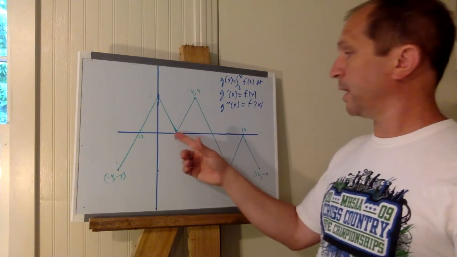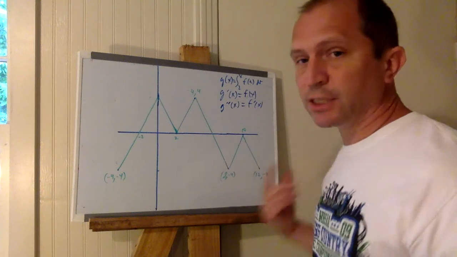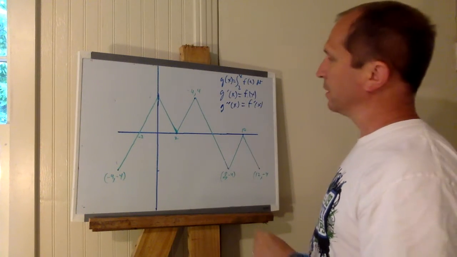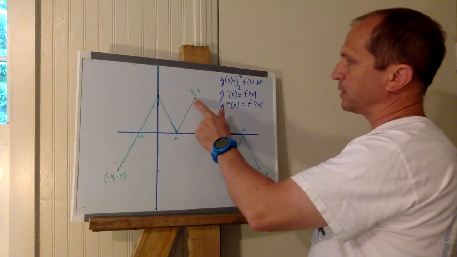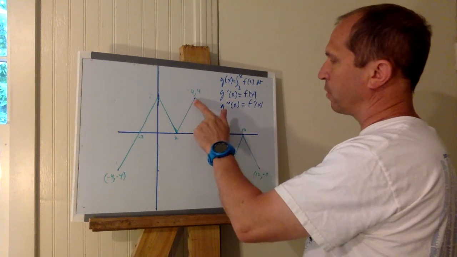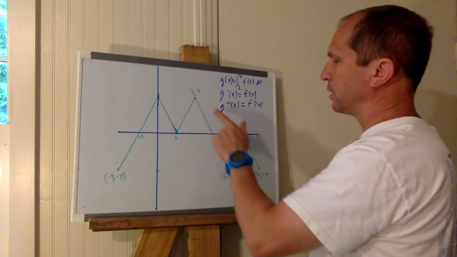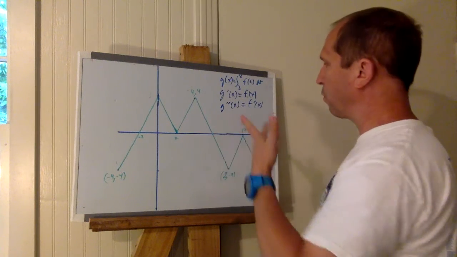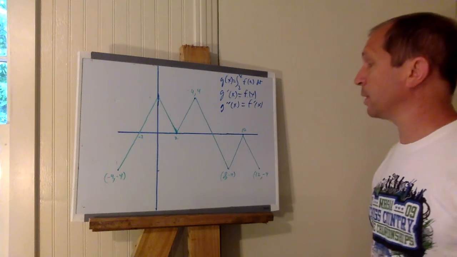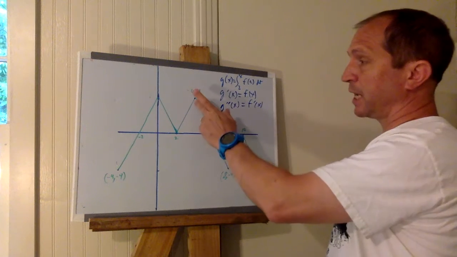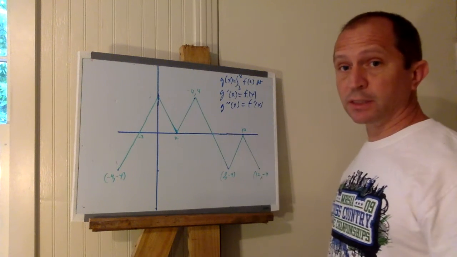Now, f is increasing, I need to be more specific. f is increasing from 2 to 4, and f is decreasing from 4 to 8. Therefore, we're changing from increasing to decreasing.